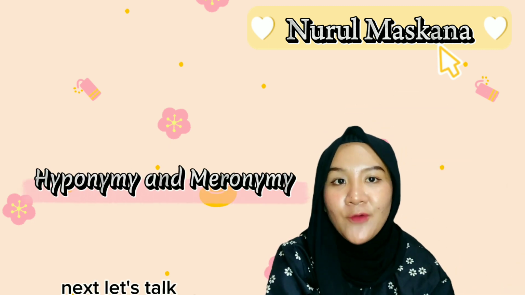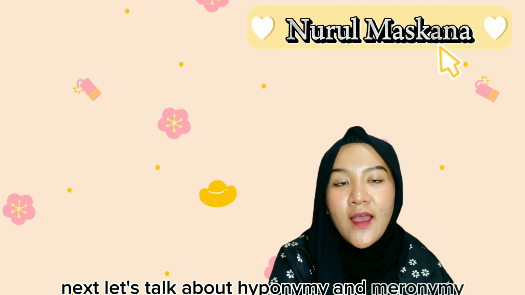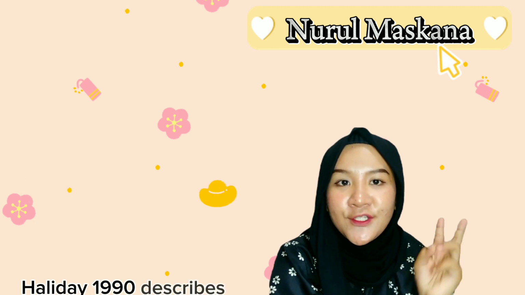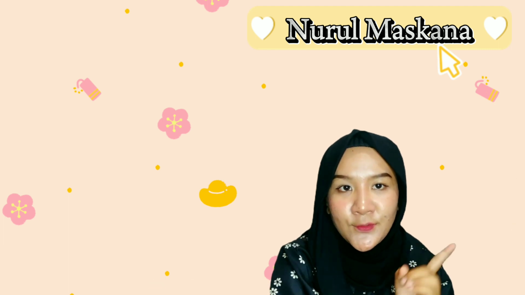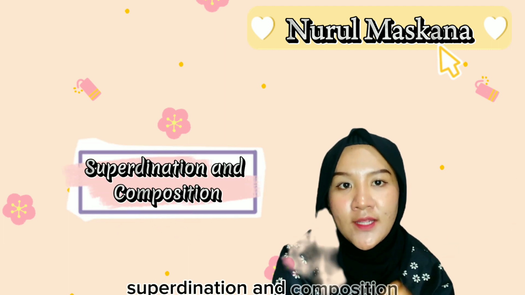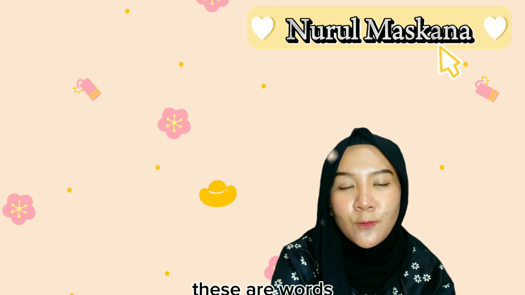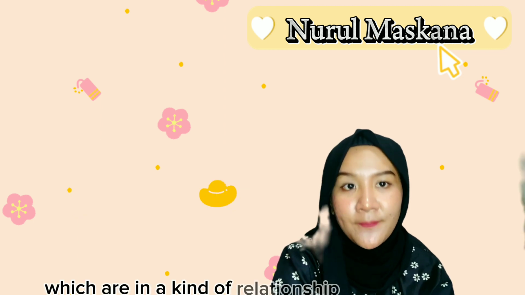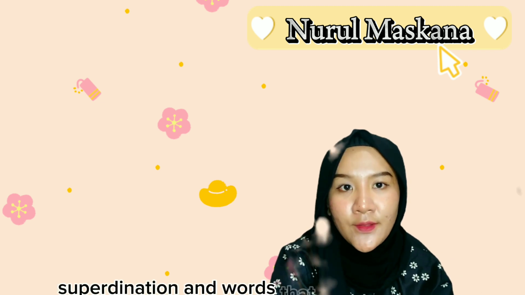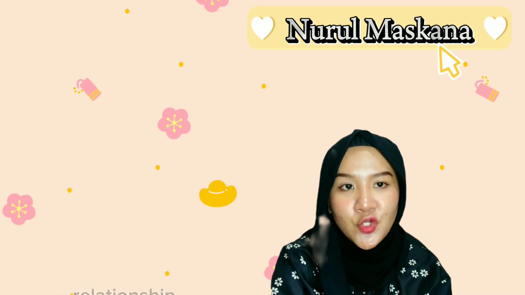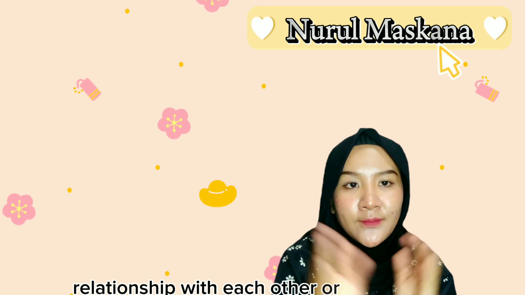Next, let's talk about hyponymy and meronymy. Halliday 1990 describes two kinds of lexical taxonomies that typically occur in text: subordination and composition. These are words which are in a kind of relationship with each other, subordination, and words that are in a whole-part relationship with each other, or composition.